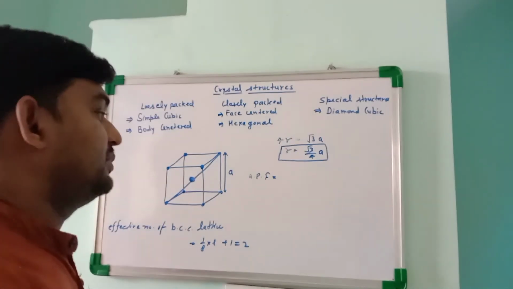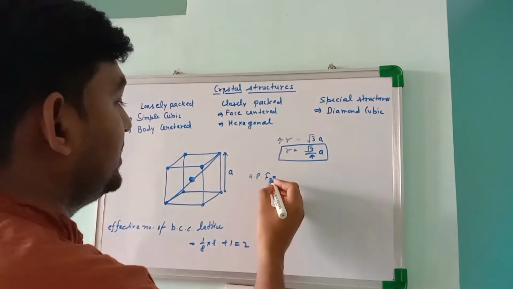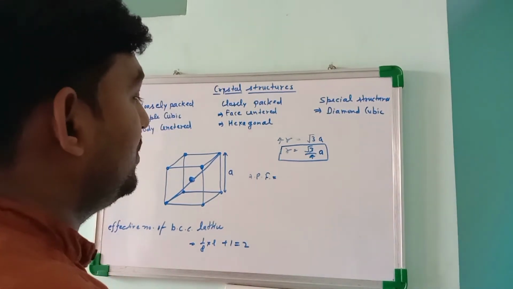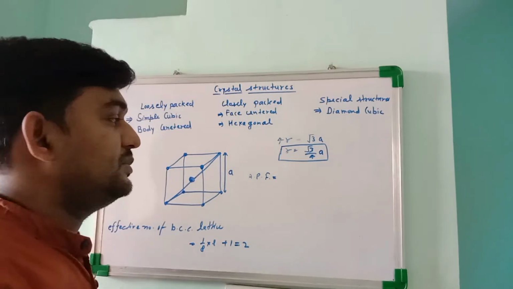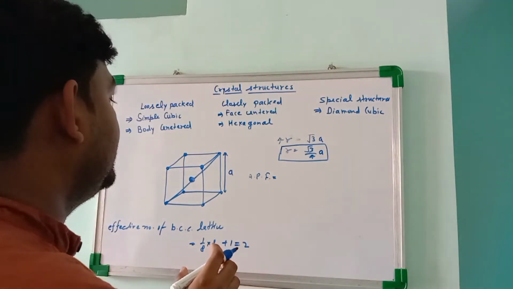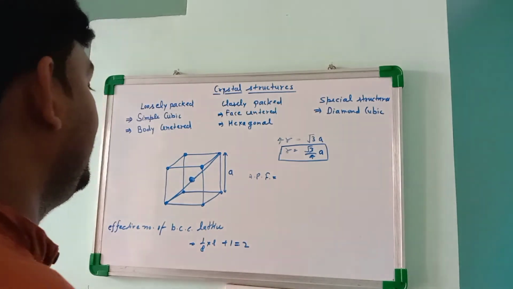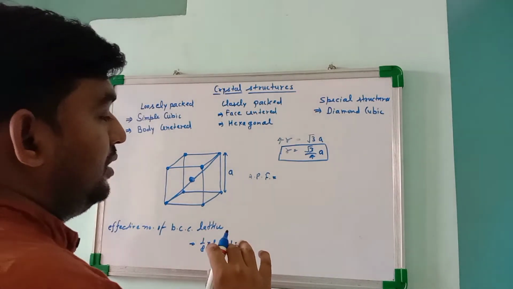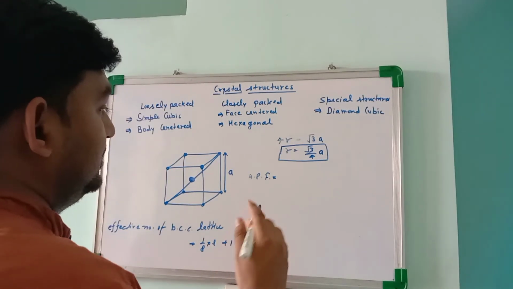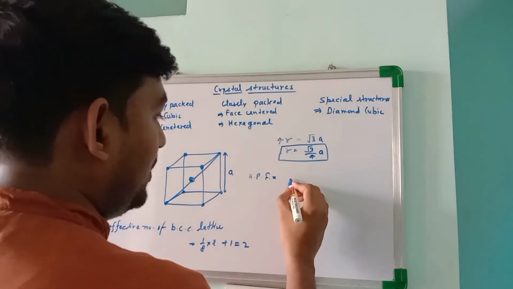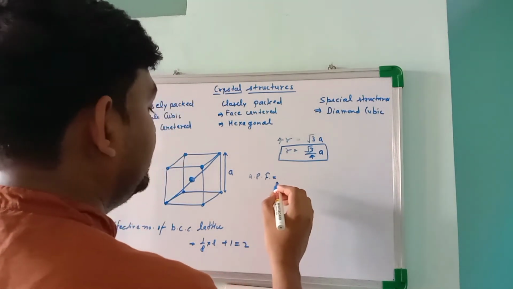As we previously discussed, the atomic packing fraction is the volume of atoms contributed by the atoms in the unit cell upon the volume of the unit cell.